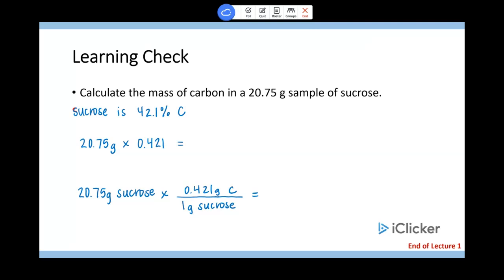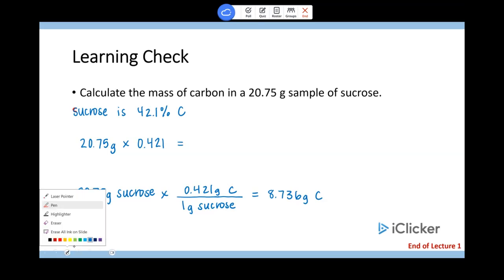And then we multiply these together, and we get 8.736 grams of carbon. I'm not quite done yet.